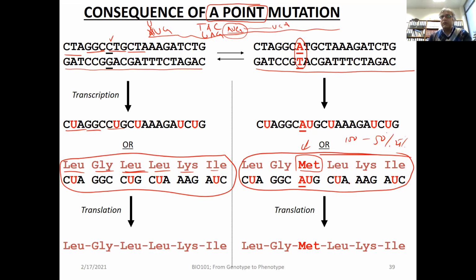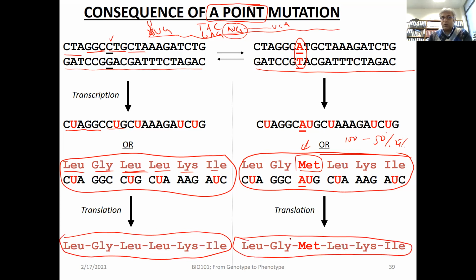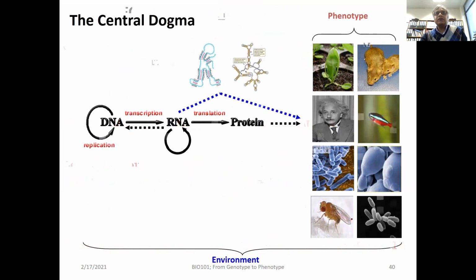And we will see some phenotype consequence in the form of a disease. The beauty of this example is there's protein being synthesized, there's protein being synthesized. There's no stop codon here. But this new amino acid has made this protein less efficient, non-functional maybe. Clear?